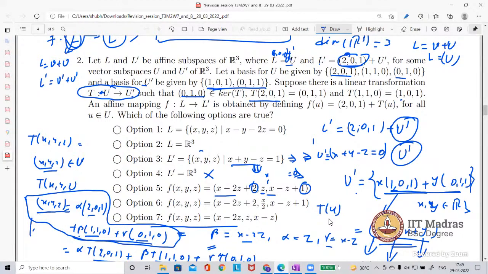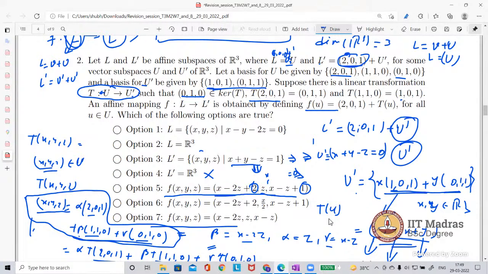Suppose in the expression that you have written, f of v plus u minus f of v is equal to t of u. Here v is 0 0 0. So what I am doing is, the expression given is f of v plus u minus f of 0 0 0. If suppose v is 1 1 1, then I'll remove f of 1 1 1 to get t of u, right? Yes.